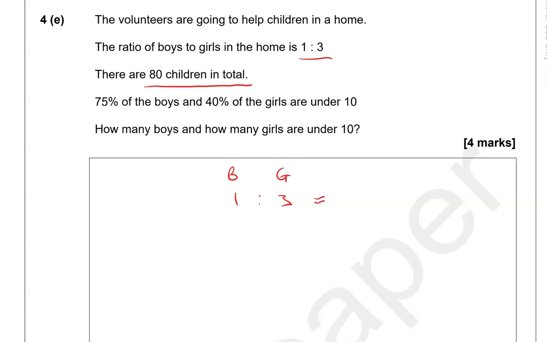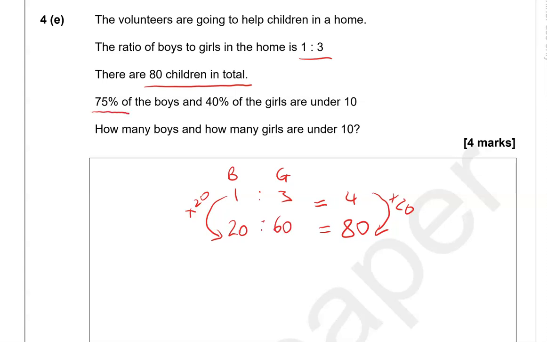The 3 and the 1, that is 4 units, and we've got 80 children. To get from 4 to 80, we've multiplied by 20. So each of these will be multiplied by 20. So 1 times 20 gives us 20, so that's how many boys. And 3 times 20 gives us 60, so that's how many girls.